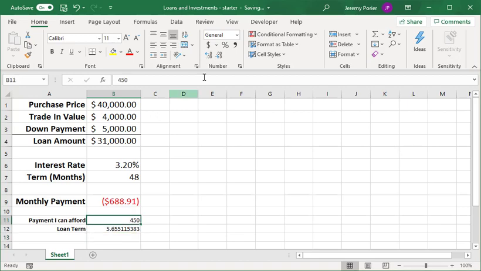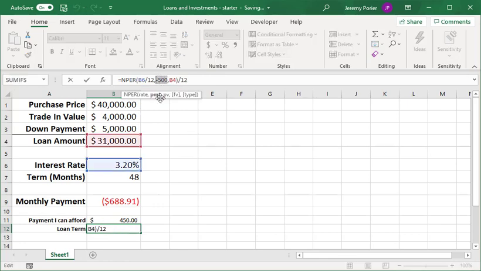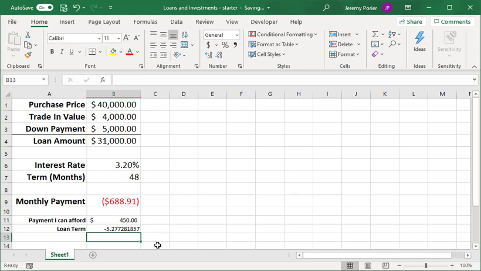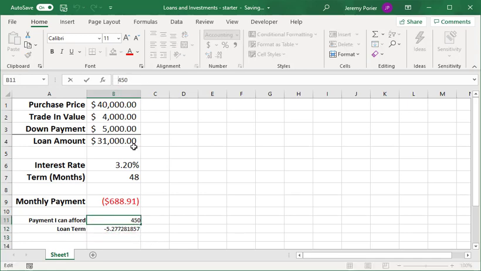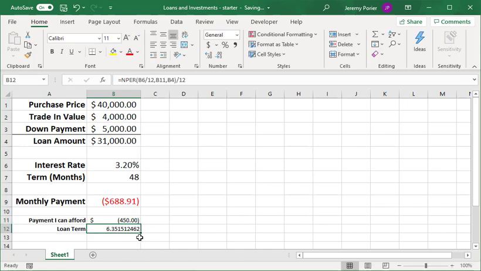I'm going to highlight that and make it into currency. And then I'm going to adjust my formula right here to refer to that cell. So instead of hard coding in -$500, I'm going to tell it, hey, look at B11. And if I hit enter, I should have made that 450 a negative number.